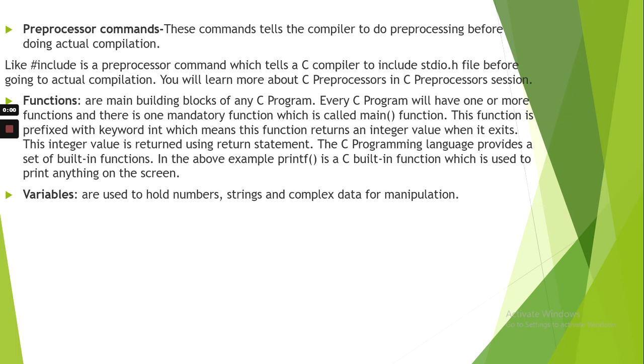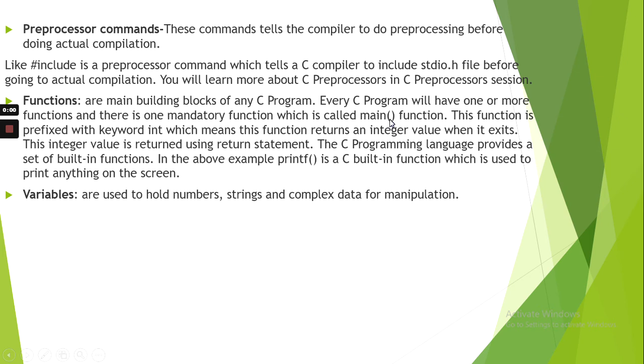Another thing that a C program has is the function. For example, when you say int main function, int main opening and closing brackets, that will mark the beginning of our main function. So the program is not going to run unless you include the main function. Int main is the main function.